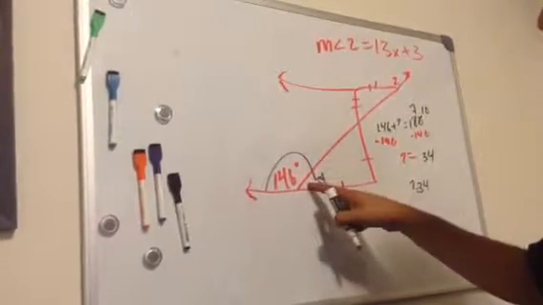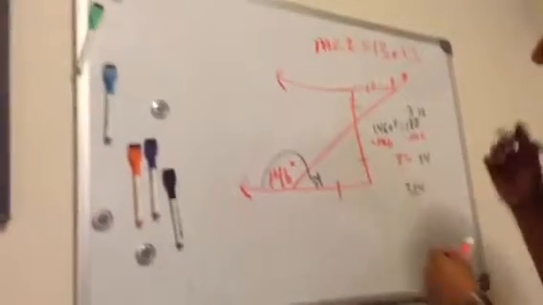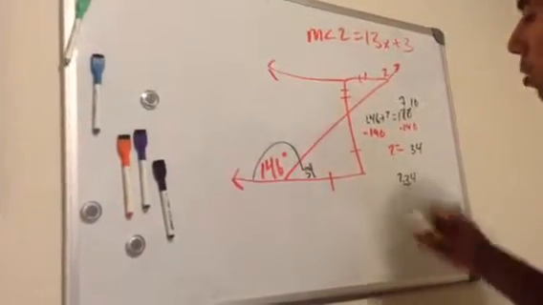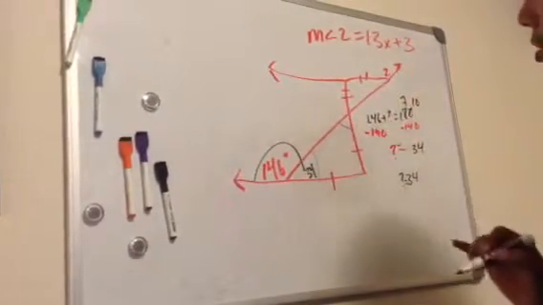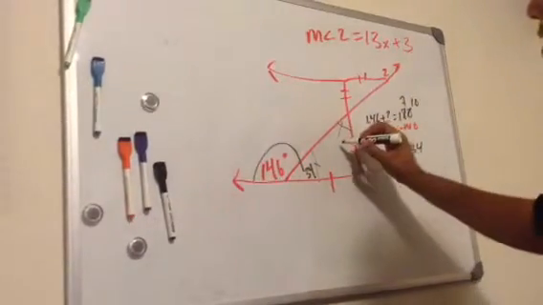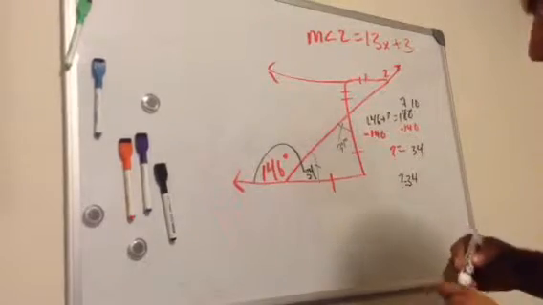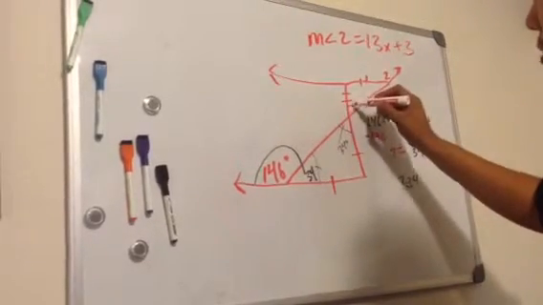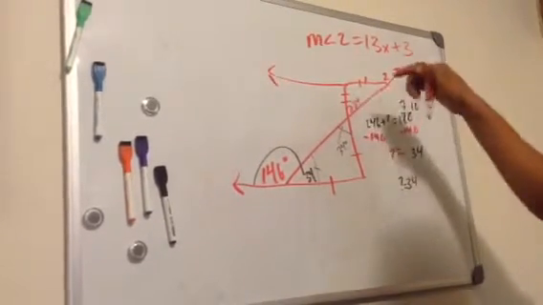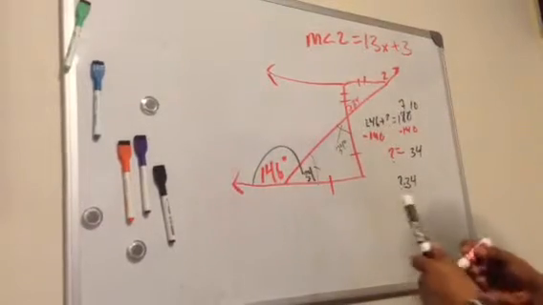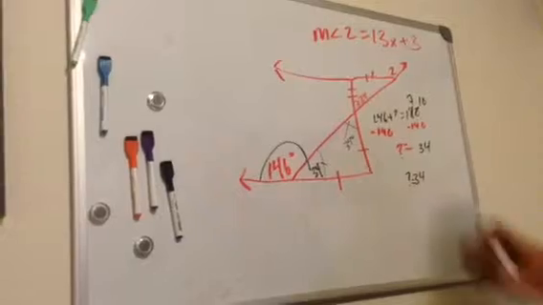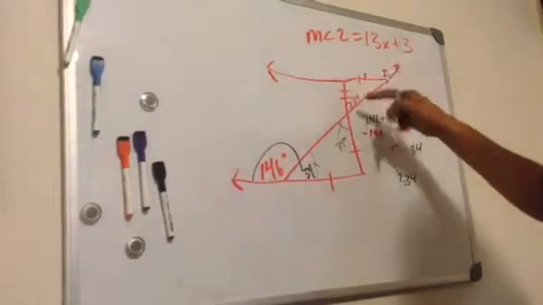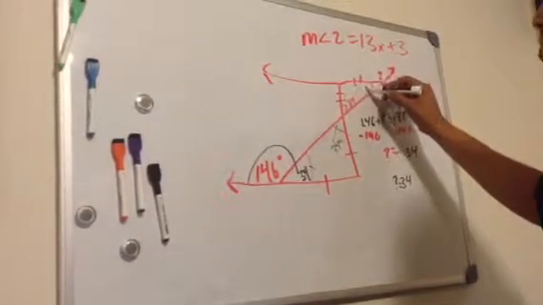So we know that this triangle over here is isosceles, and when the isosceles theorem applies, that means this angle and this angle are congruent. So this is also 34. So now we use vertical angles, so this is 34 as well. And this is also an isosceles triangle, so we also use the isosceles theorem. That means if these two sides are equal, the opposite angles are equal. So this is 34 too.